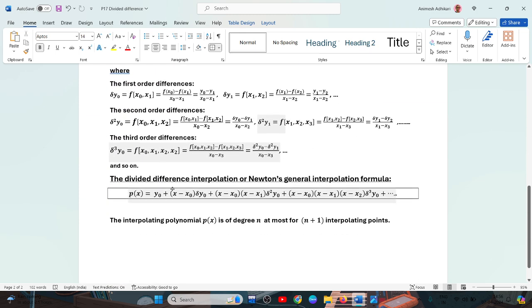For second order difference, we multiply two factors. For third order difference, we multiply three factors.